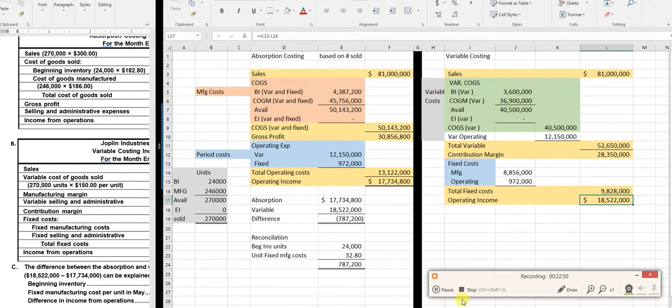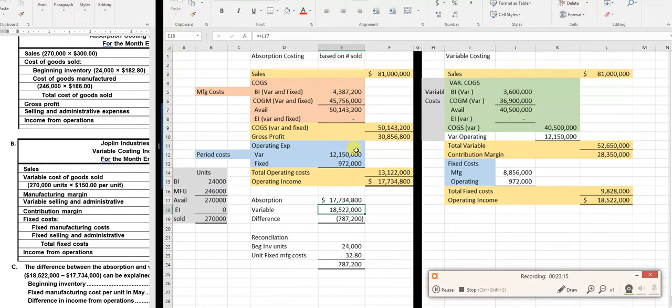Okay. So first of all, I wanted the difference. So under absorption costing, it's the 17, that number. And under the variable costing, it's 18,522. So it's 787,200. Okay, this is not a reconciliation. That's a subtraction. This is our reconciliation. All right, so if we think about it, I want to show you something here.